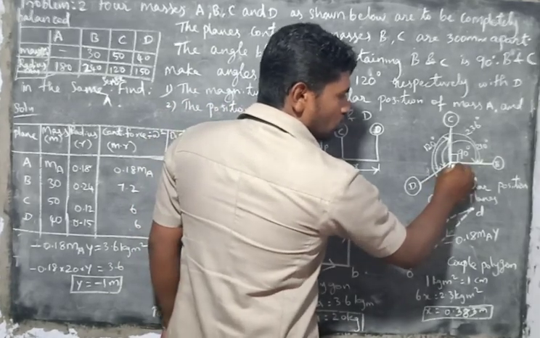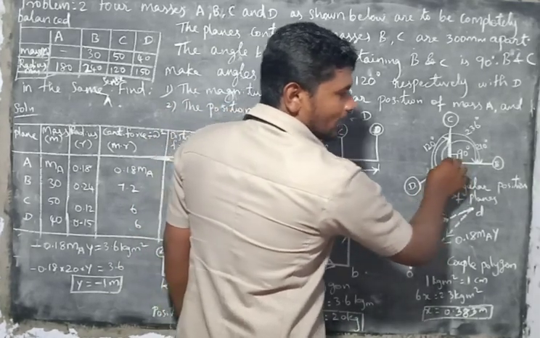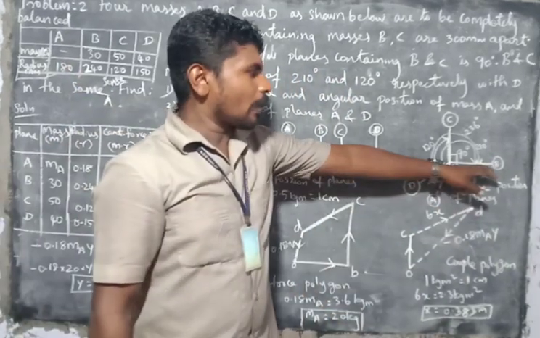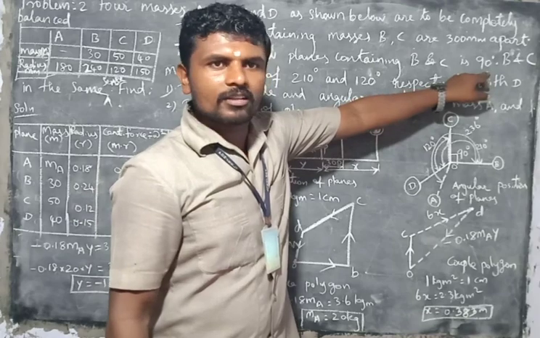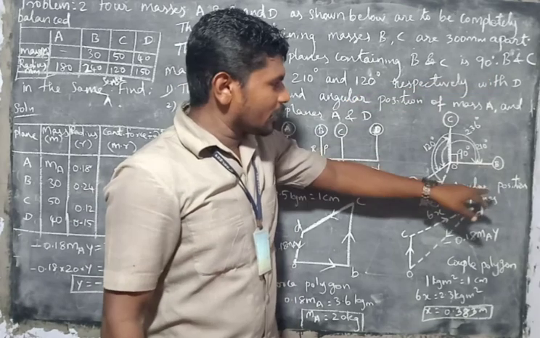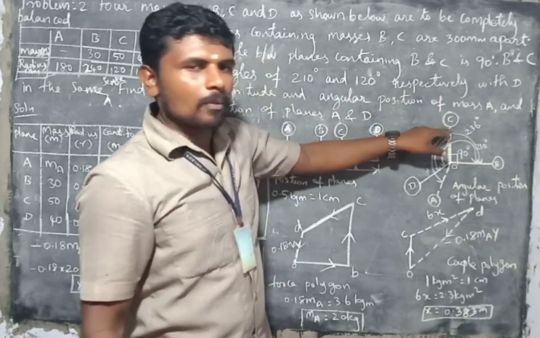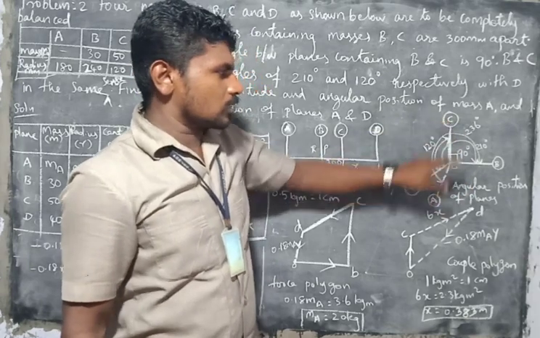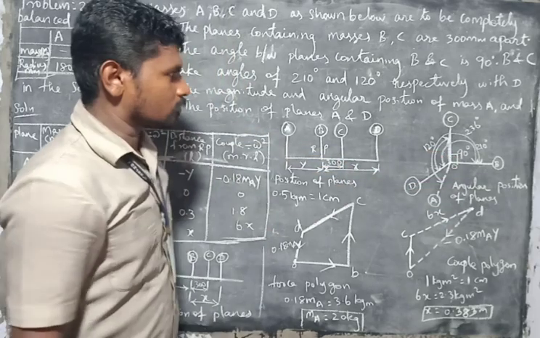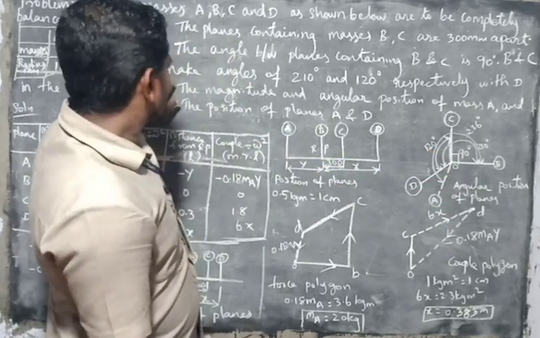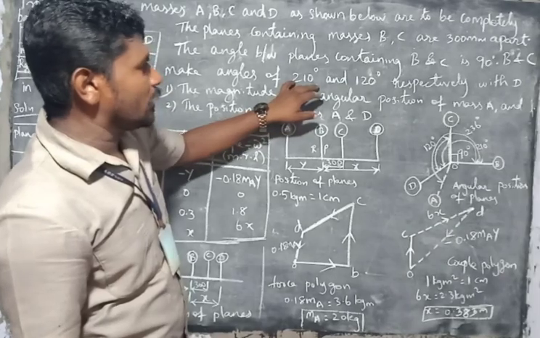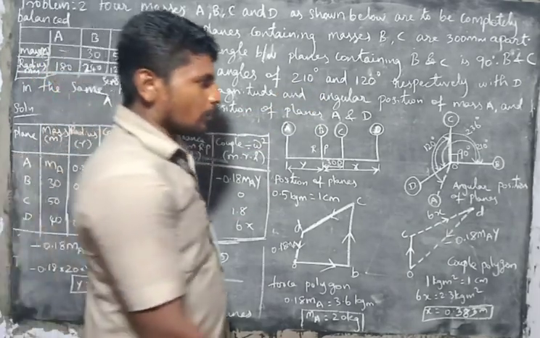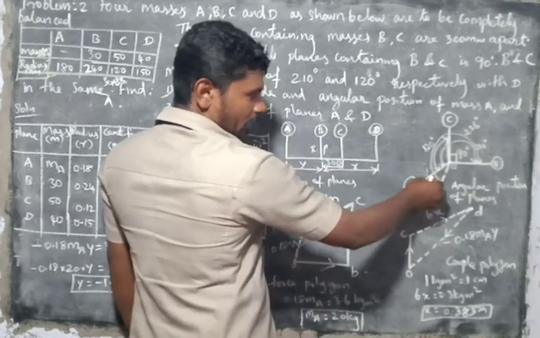So I am going to mark the origin and draw a horizontal line for B. And the B to C angle will be 90 degrees, right? So I am going to draw a perpendicular line to B and mark it as C, that is 90 degrees. Then B and C make angles of 210 degrees and 120 degrees with D, right?